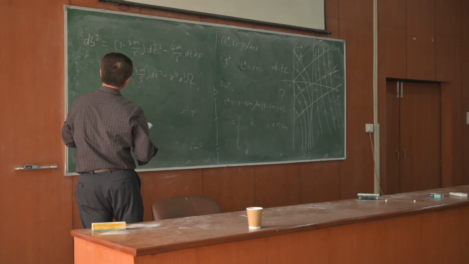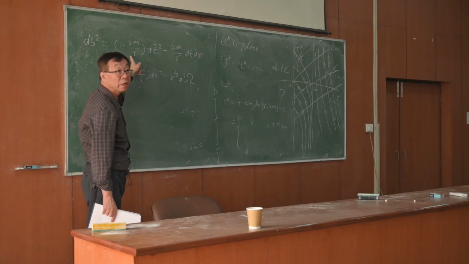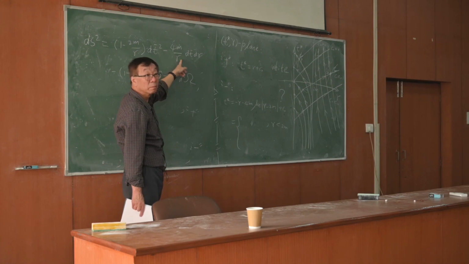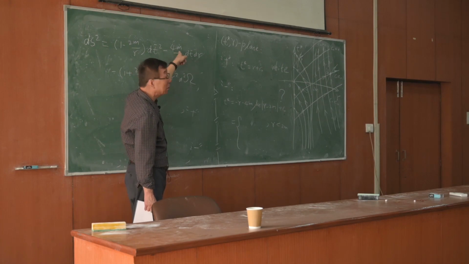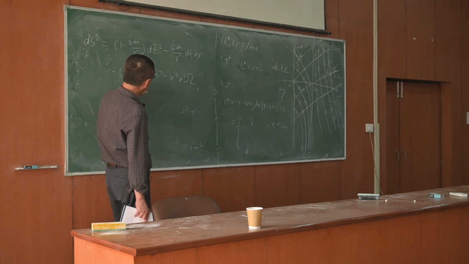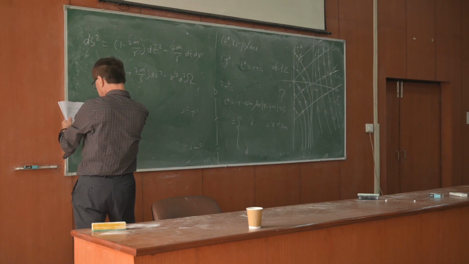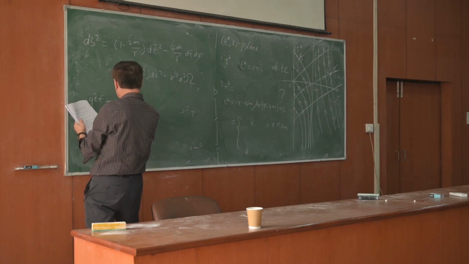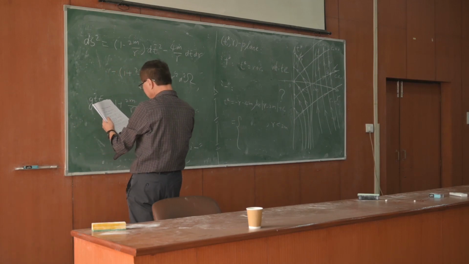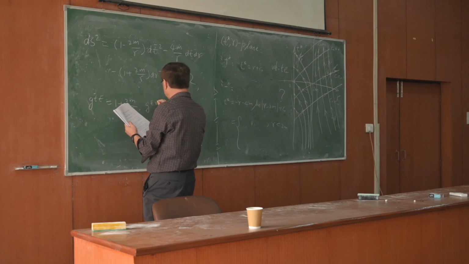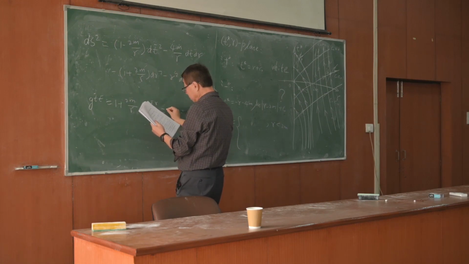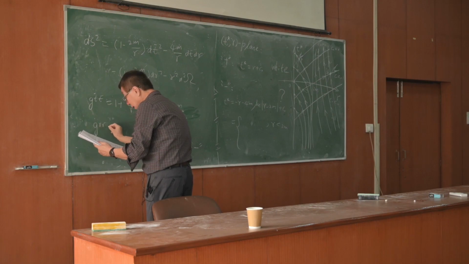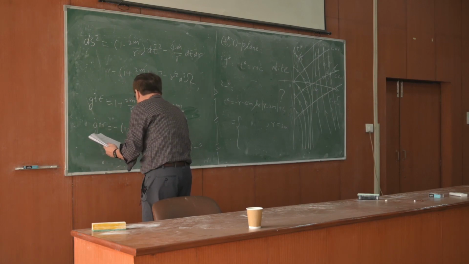From here you can see, okay, the t bar t bar term is finite, right? And then at r equals 2m it actually equals 0. This guy at 2m equals minus 1, right? Of course, this is finite. But you can also find g t bar t bar equals 1 minus 2m/r. This is actually in my notes. You can find g t bar r equals minus 2m/r, g rr equals minus (1 plus 2m/r).